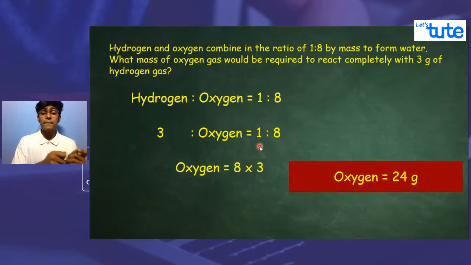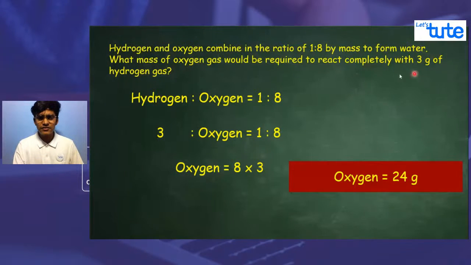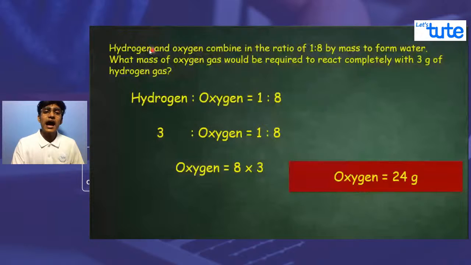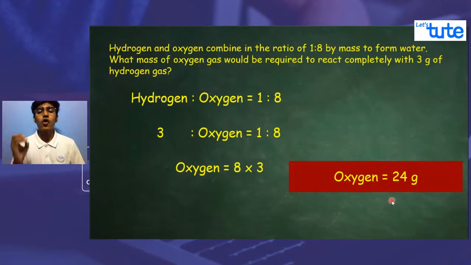So this value states that 24 grams of oxygen will completely react with 3 grams of hydrogen gas. I hope this is very, very clear to you guys. So this was about how hydrogen reacts completely with oxygen and what the mass will be. Using the law of constant proportion, we found this value of oxygen.